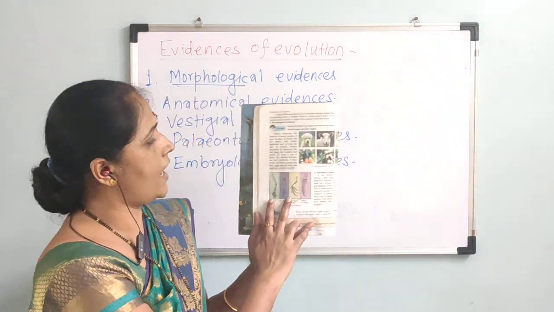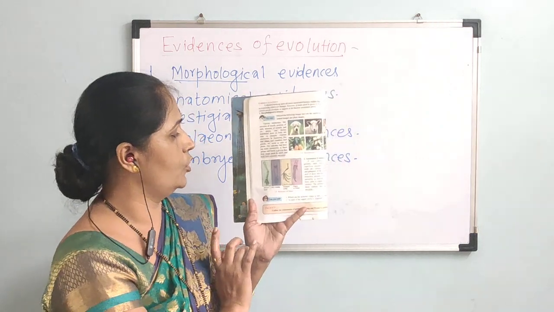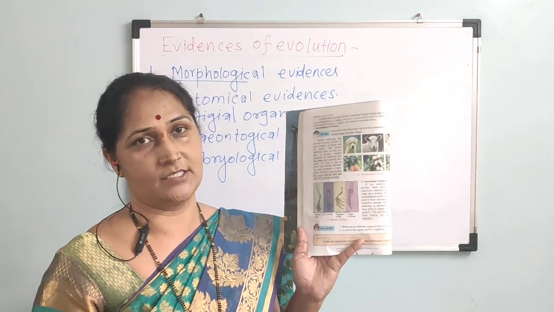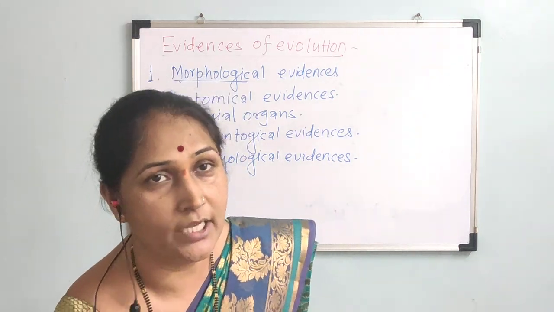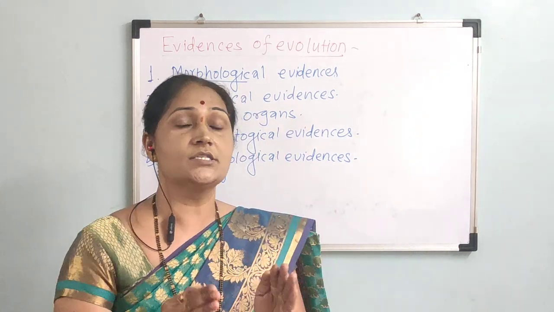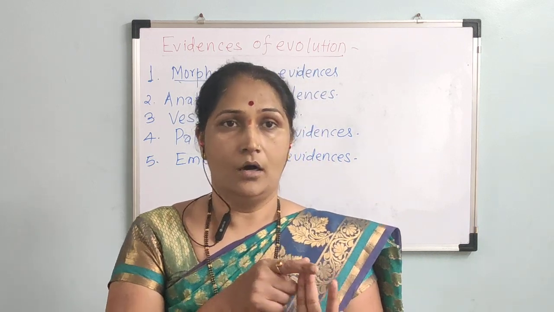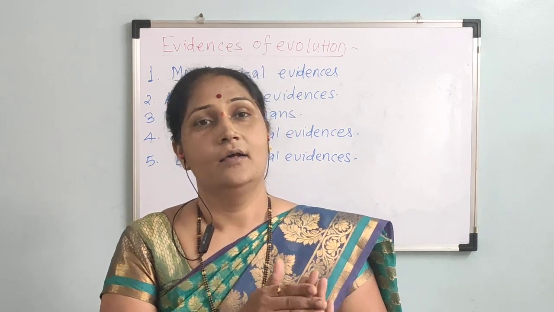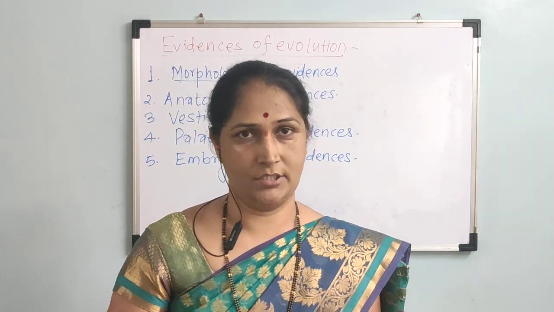If you observe the diagrams carefully which are given in your textbook, the joints of these bones show some similarities, and these similarities in the anatomy or internal structure of these different organisms, that is man, cat, bat and whale, show that they have common ancestors or have evolved from a common origin.